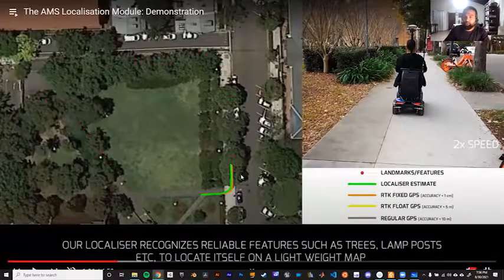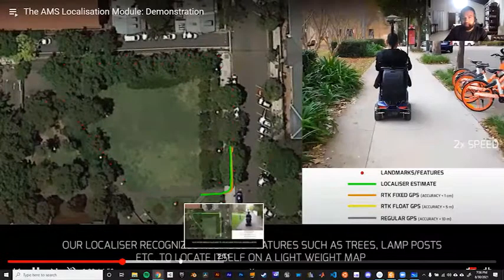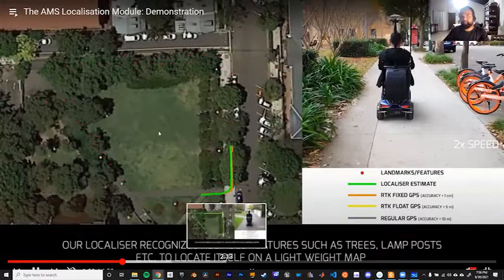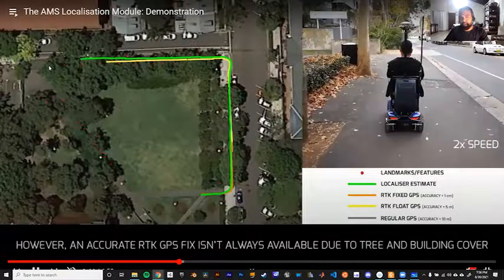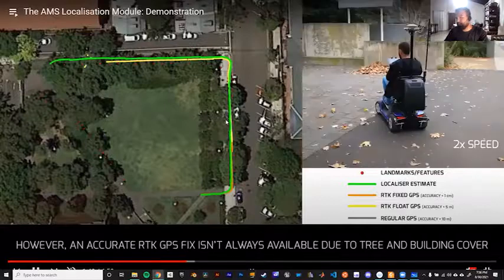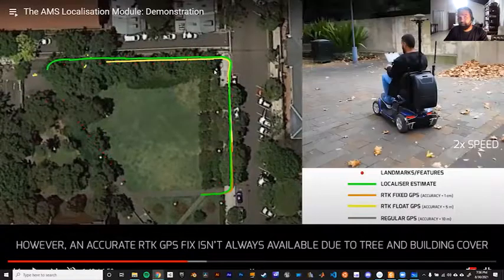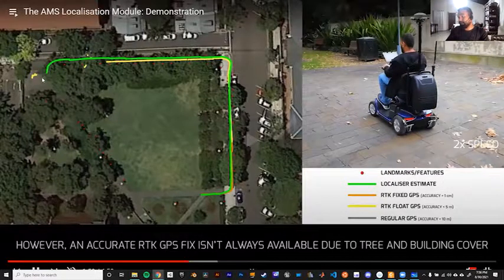What we see here in green is the localization estimate, and you can see that by purely using the control signals as well as the trees, it's managing to carry out localization, while this yellow line is GPS. GPS, as you can see, is very inaccurate, especially in the city.